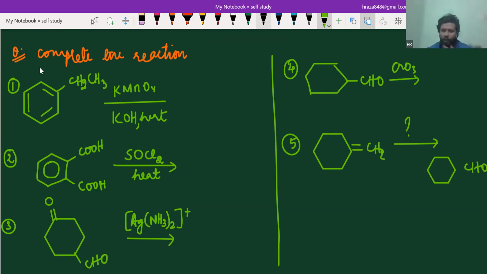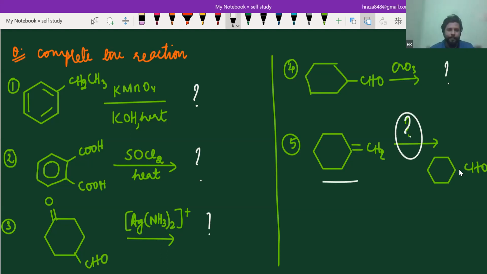You are going to write the reaction and complete the following. Here you are going to write the product in the first, second, third and fourth reactions. And in the fifth reaction, you are going to tell me the name of the reagent used for conversion of this reactant into product. Is that clear, everyone? Okay, sir. After finishing it, you may leave and send this solution to Learnivio's WhatsApp. Okay? Thank you.